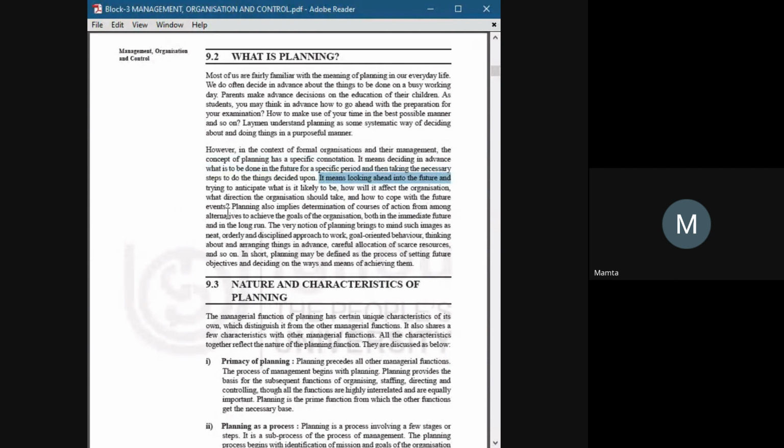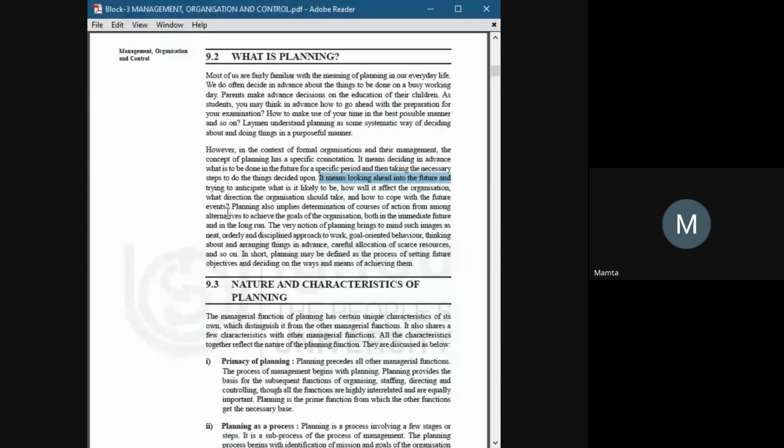If I talk about any business, every business plan can be different. Their goal can be to achieve sales of 50,000 units in a year, or maximizing their profits by 50%, or to maximize the sales by 20% every year.